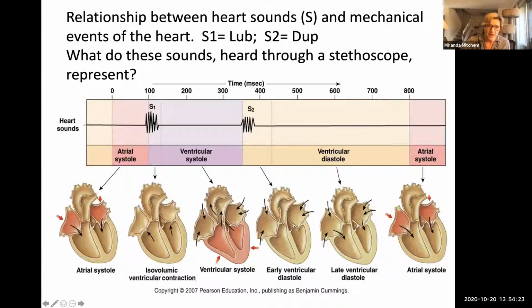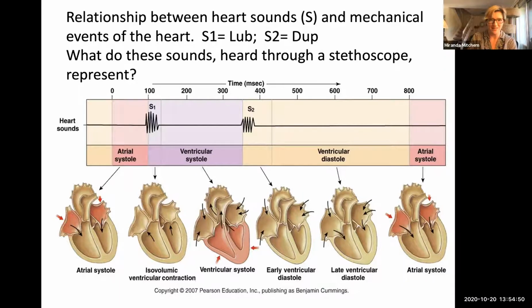Putting in the heart sounds, here's S1 associated with the AV valves, S2 associated with the semilunar valves. So our S1 sound is as the blood moves from the atria to the ventricle, where our S2 sound is as the ventricles contract and push the blood out through the semilunar valves.